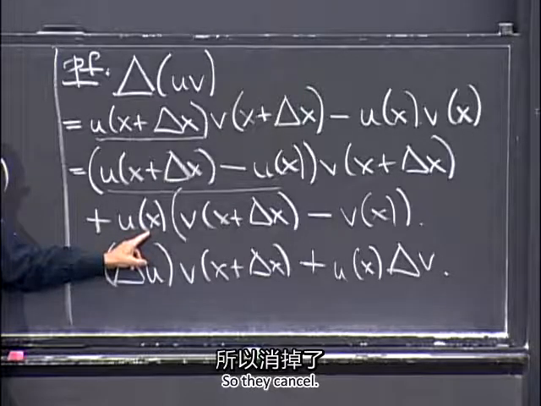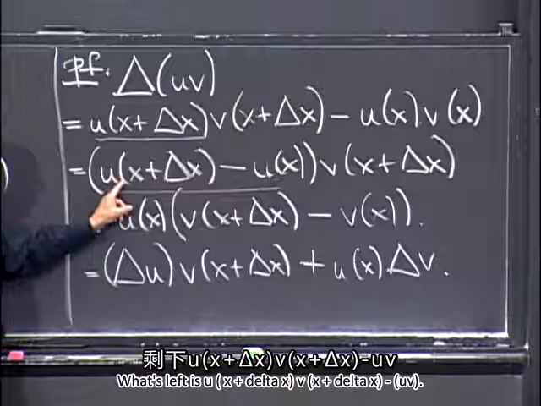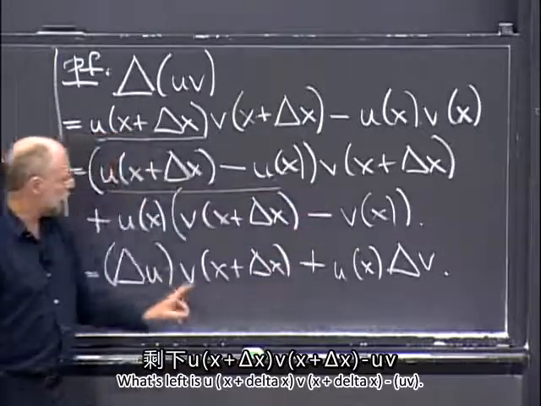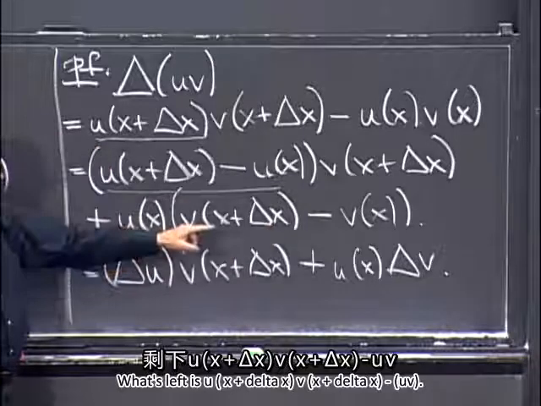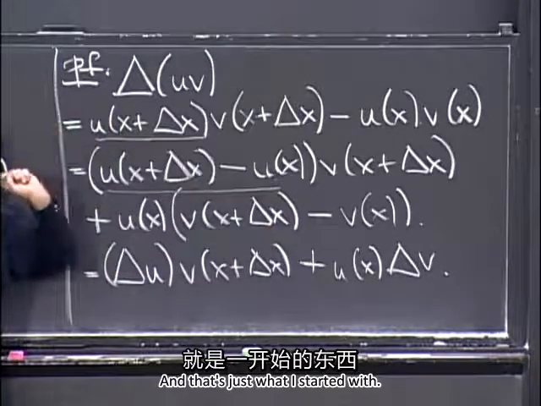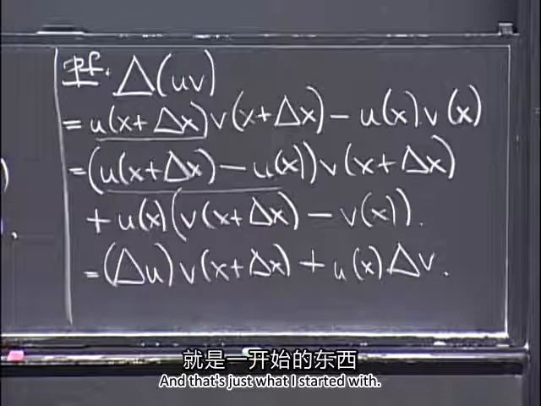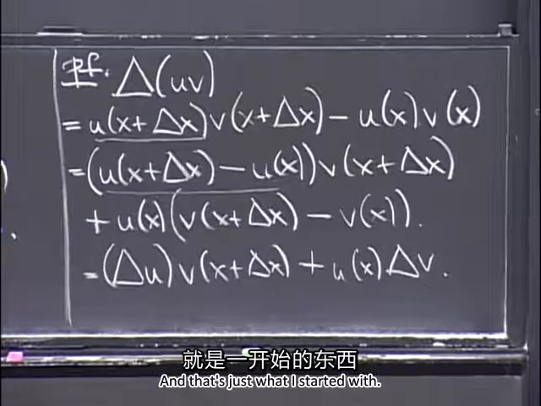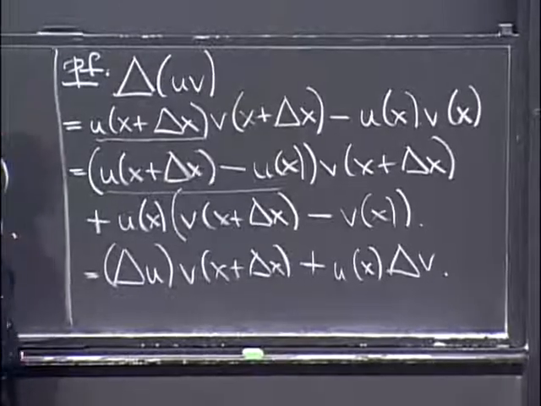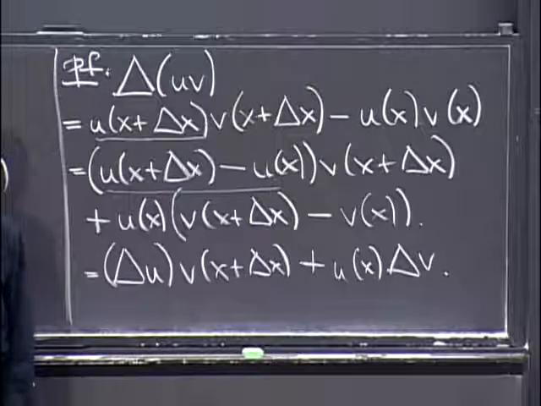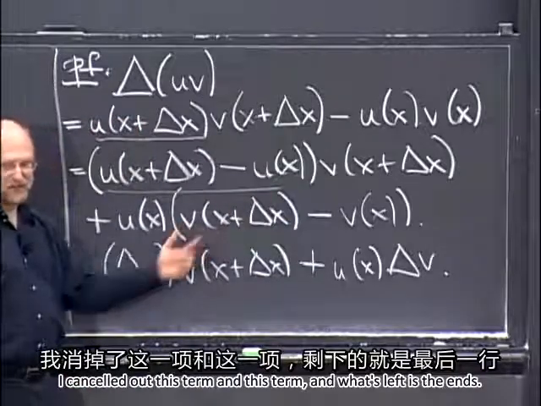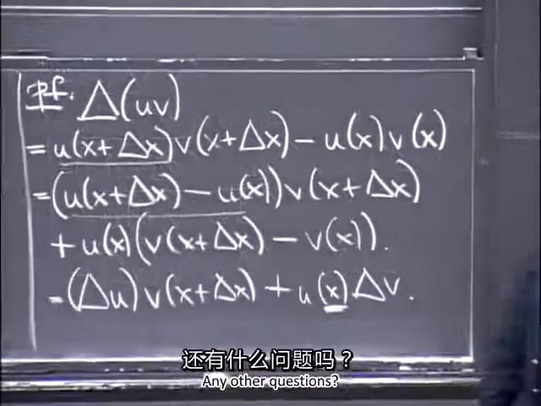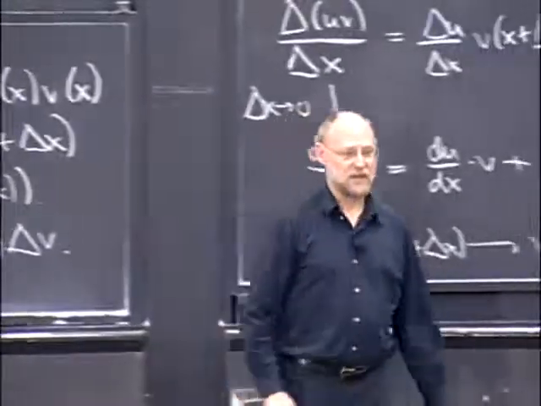So they cancel, and what's left is u of x plus delta x times v of x plus delta x minus u times v, and that's just what I started with. But wouldn't the addition and subtraction, I mean, they cancel, right? I canceled out this term and this term, and what's left is the ends. Any other questions, though? Yes?